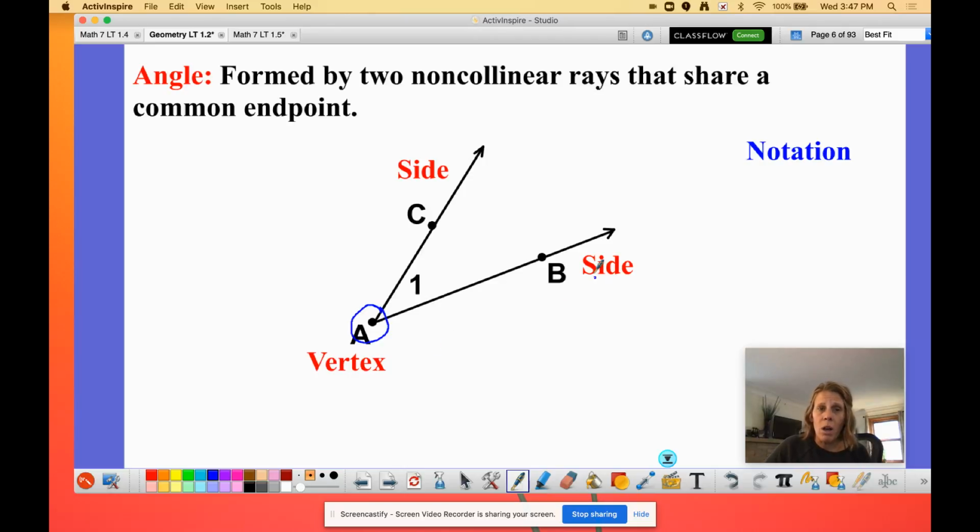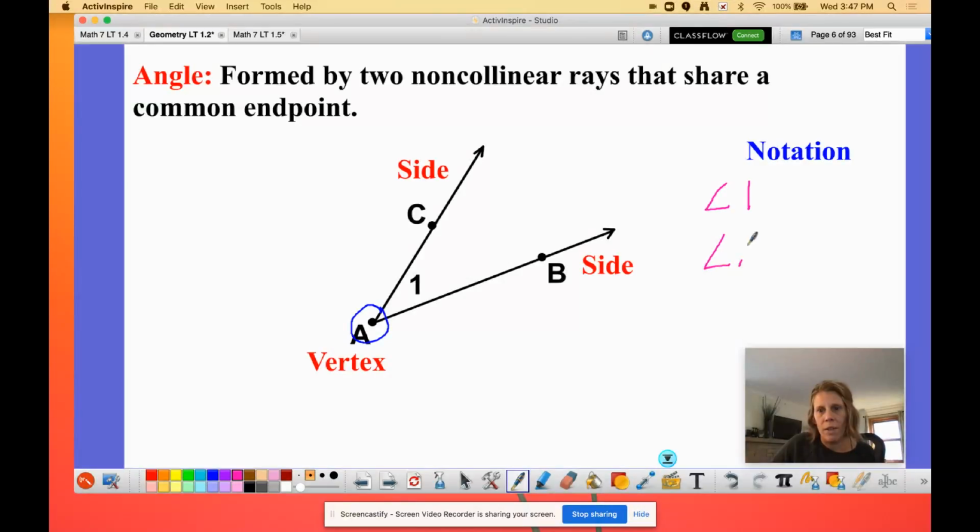We've also talked already about how we name angles, and we're just going to do a review to make sure that we remember how to name them. For this particular angle, you actually did this for your due now the day before today, so you should already have this done. We could call this angle 1.